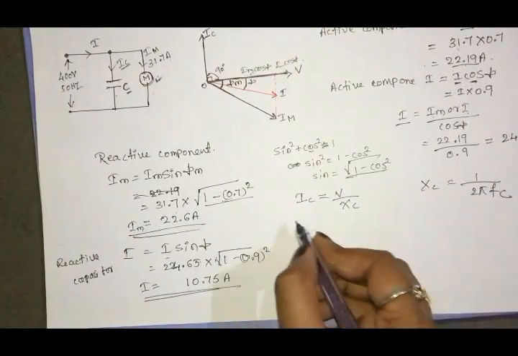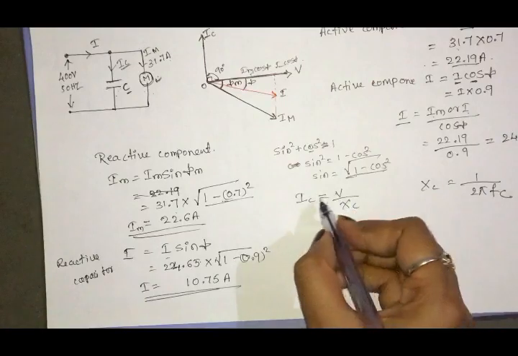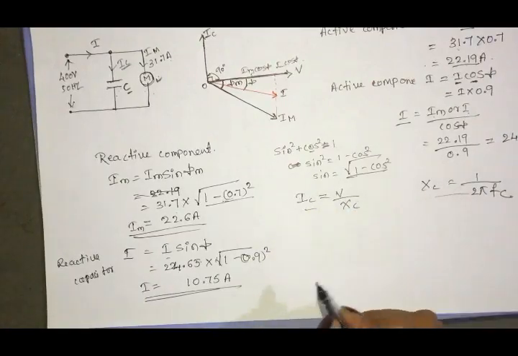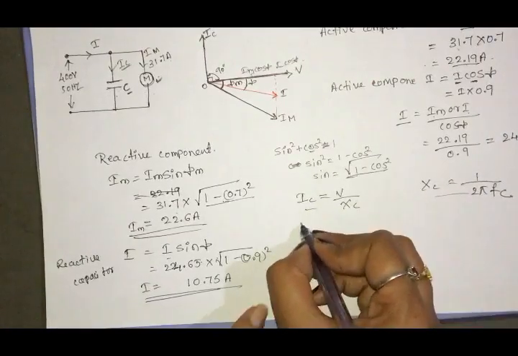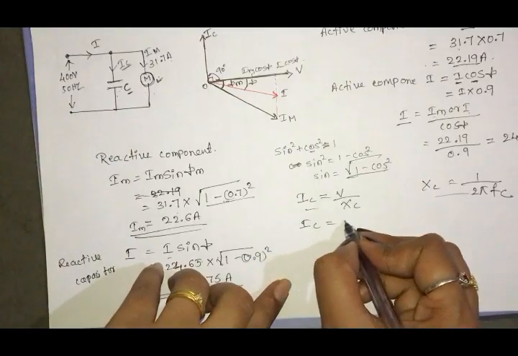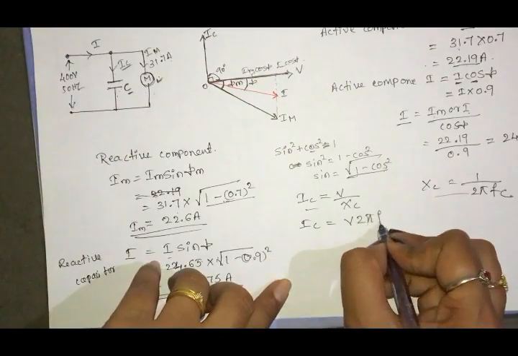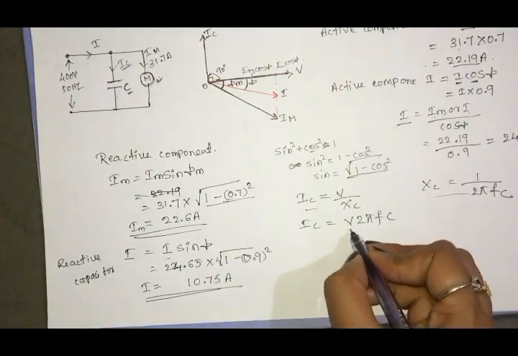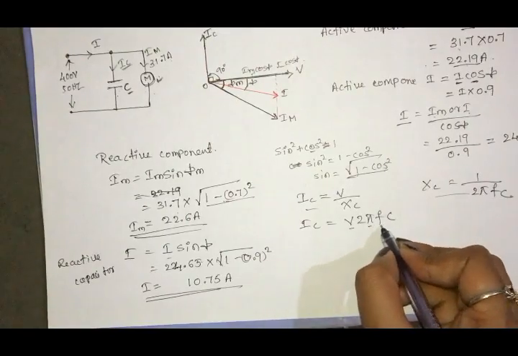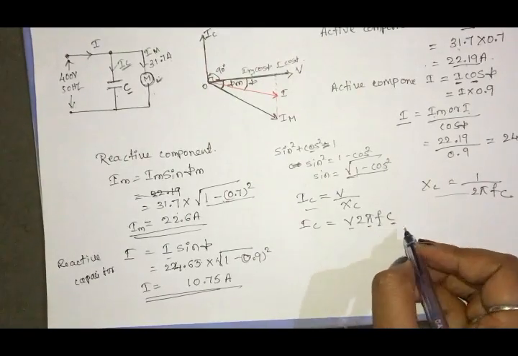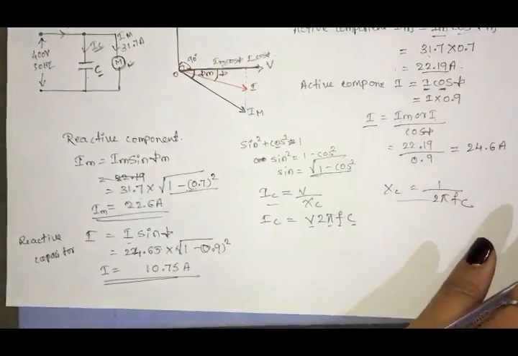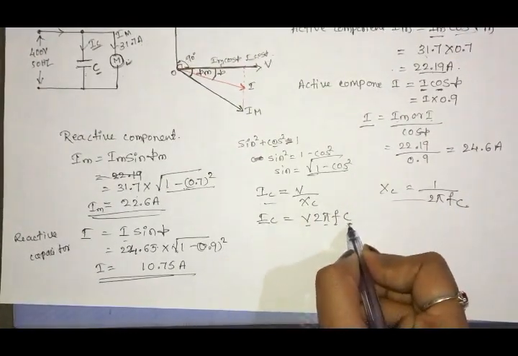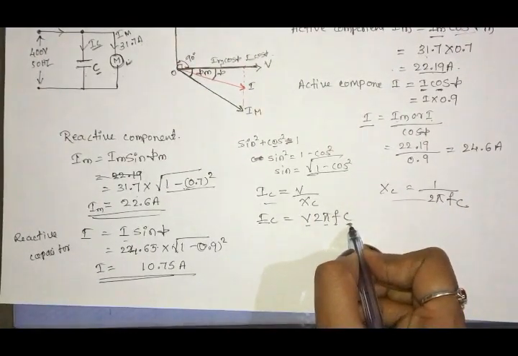So this is the formula to find the IC value, correct? IC is equal to V into 2 pi FC. We know the V value, we know pi, we know the frequency, but we don't know the capacitor value. So before calculating this IC, we need to find the capacitor value.